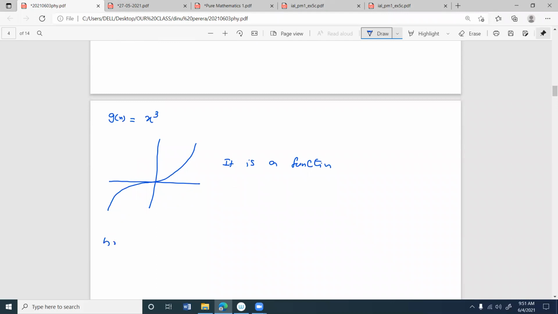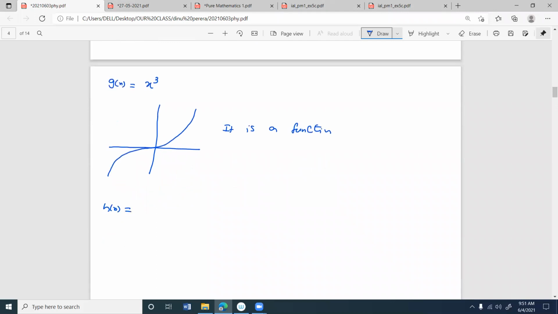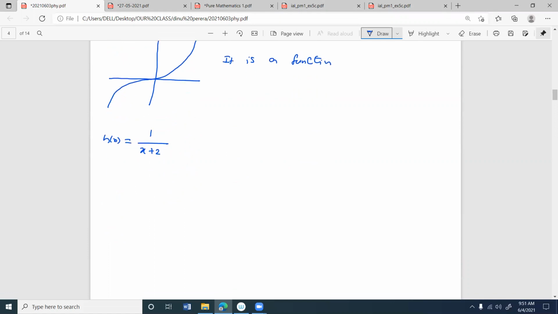Let's go ahead with another one. h(x) is what they have given. I'll just draw the graph initially. Later on, I will teach you how to draw these graphs. x plus 2. So the graph is just like this.